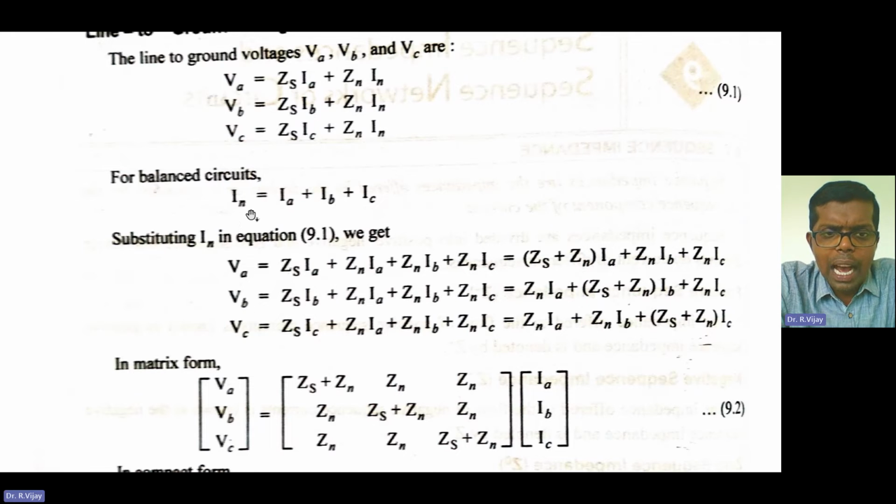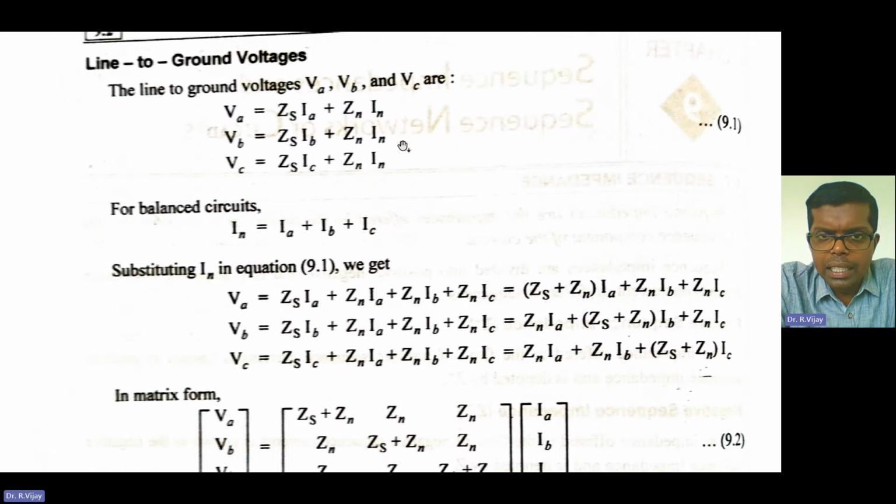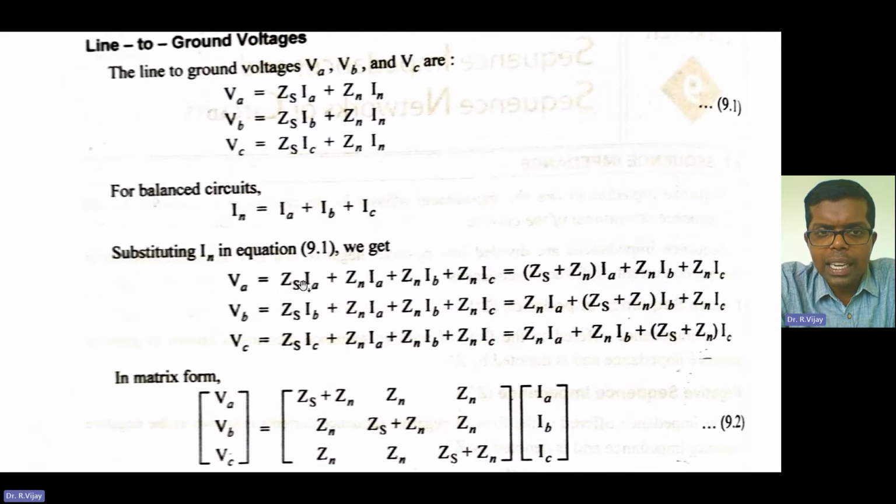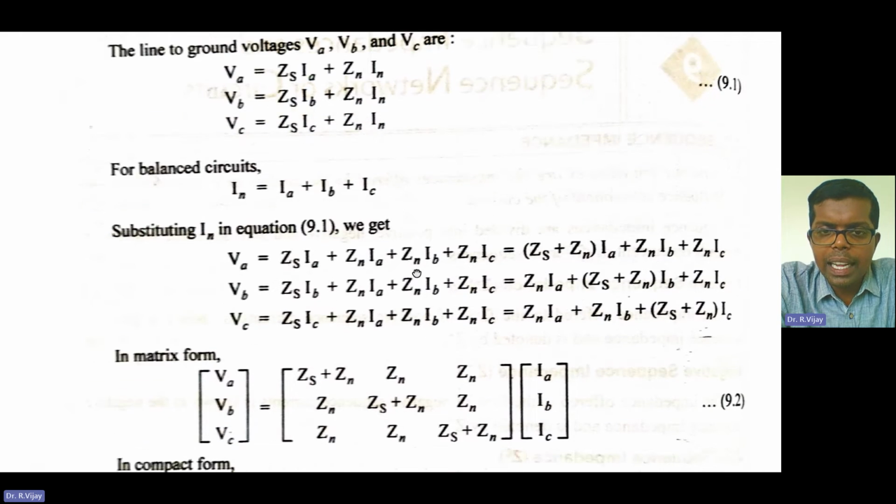Substituting this In in the equation, you get VA equal to Zs into IA plus Zn into In. Instead of In, we substitute IA plus IB plus IC and multiply by Zn, so it becomes Zn into IA plus Zn into IB plus Zn into IC.